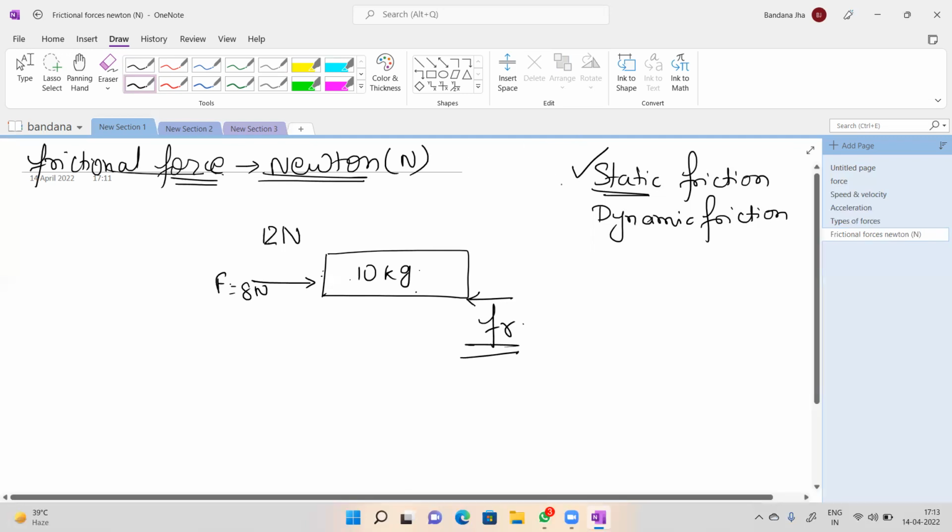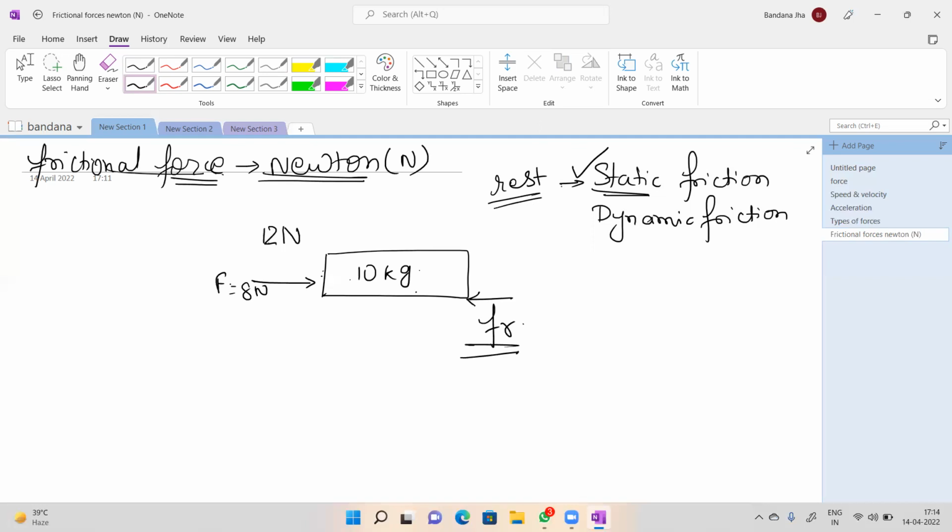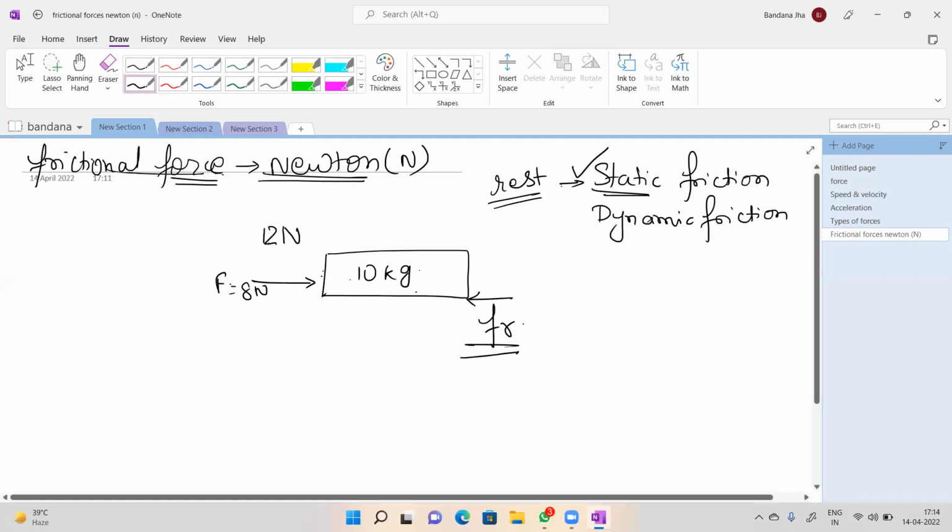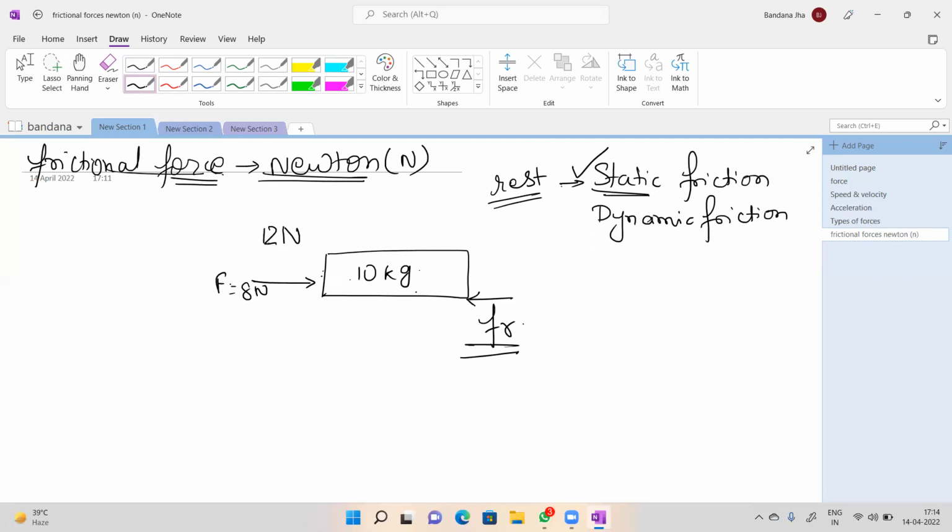Each and every body wants to remain at rest. If you are cycling, your tire also wants to remain at rest, so when you apply a brake, the cycle stops, if it is a frictional surface. If it is not, then whenever you apply the brake, the body slides.